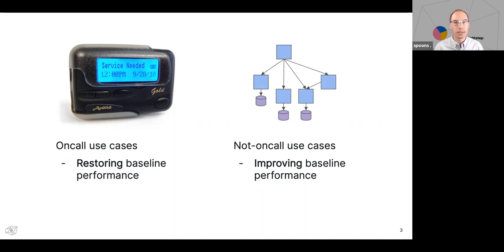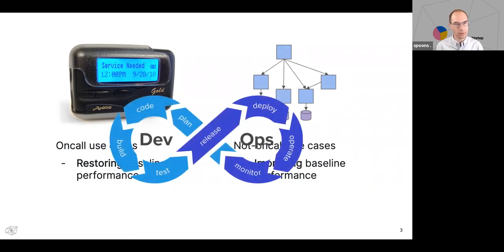And when we think about performance and on-call and not on-call in the age of DevOps, even if we divide them into two sets of use cases, they might both be carried out by the same group of people. So it's helpful to have a common set of tools to handle both sets of requirements. In fact, I might argue that it's more than helpful. It might be close to necessary, since when you're on call, you don't want to reach for a new tool.